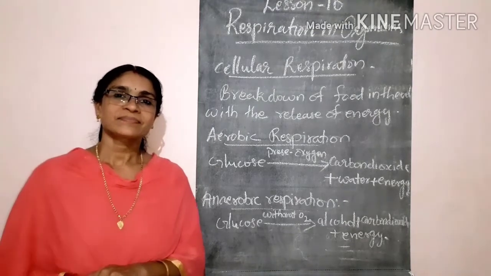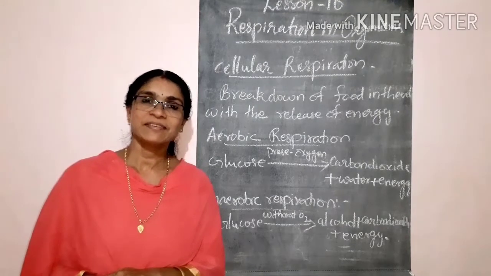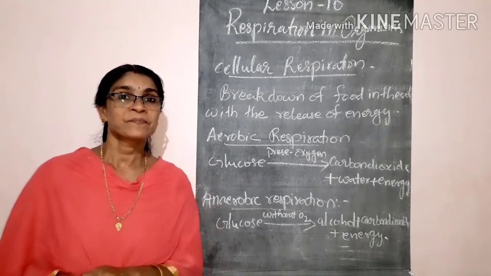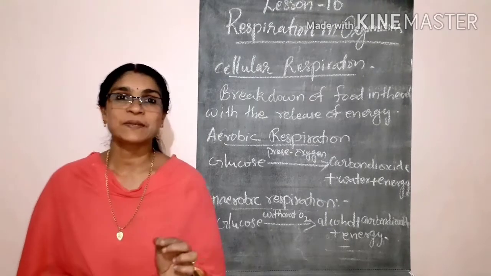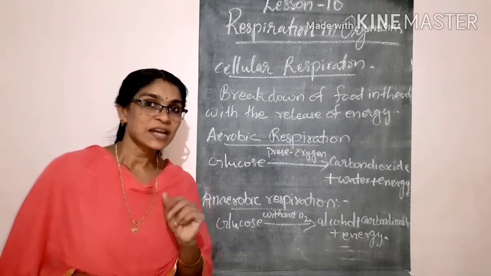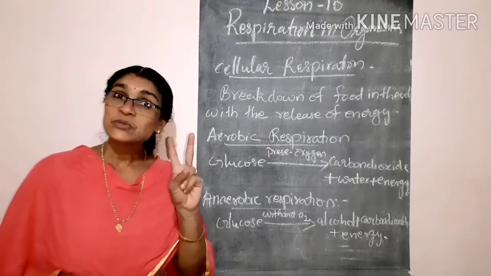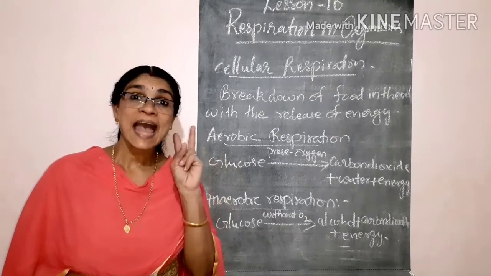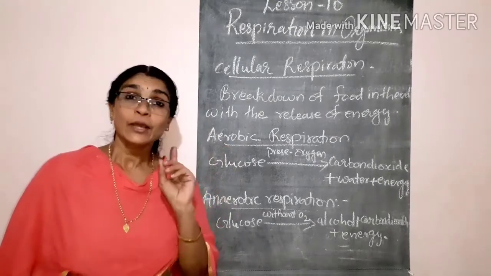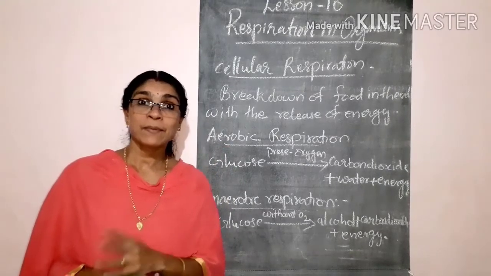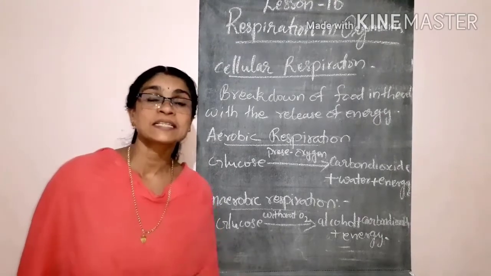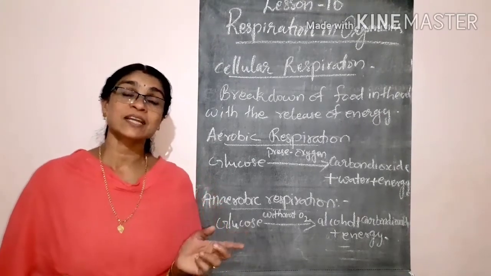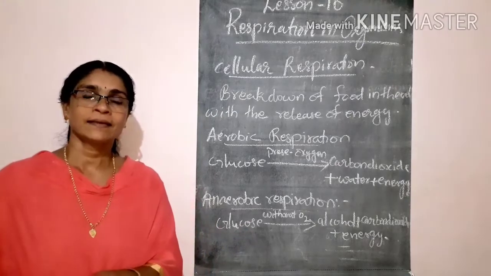Children, today we discussed the process of respiration, cellular respiration. There are two types of respiration, aerobic respiration and anaerobic respiration. Aerobic respiration means the breakdown of glucose with the presence of oxygen into carbon dioxide, water and energy.